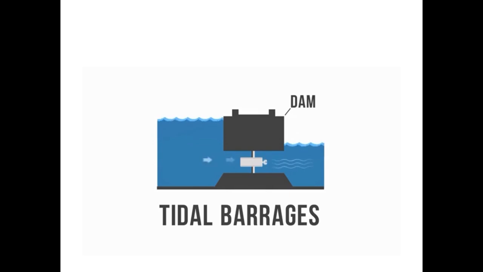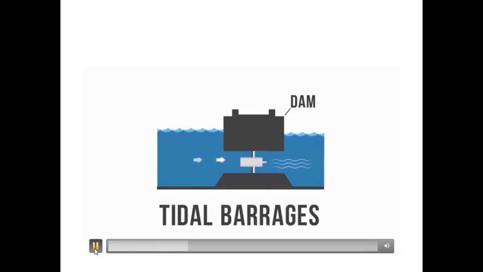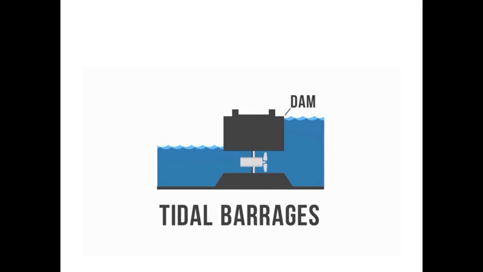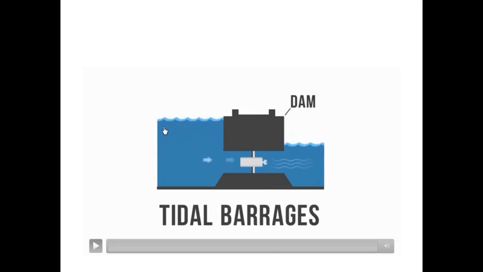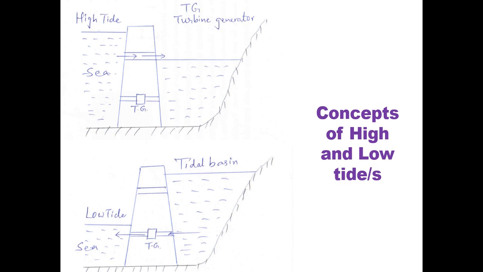So over here, it's a dam, and over here there is a basin. During high tide, the basin is going to be filled, and during low tide, the basin is going to be emptied due to the natural gravitational pull of the moon on the earth. So this is the basic concept of the same.